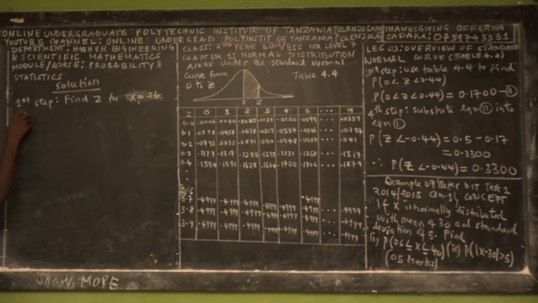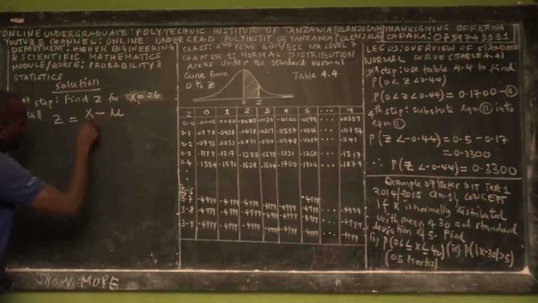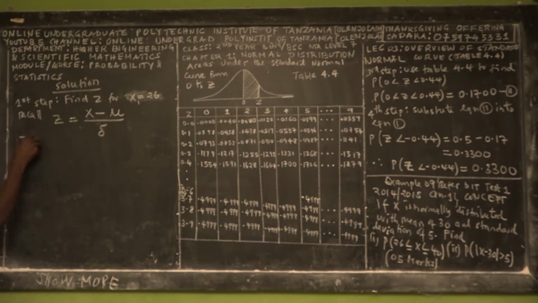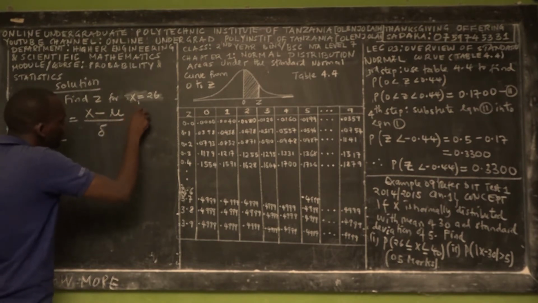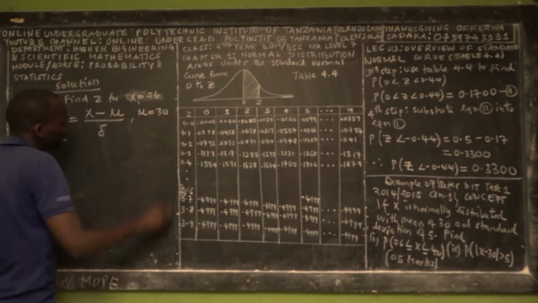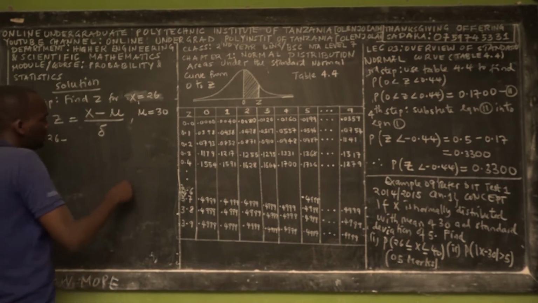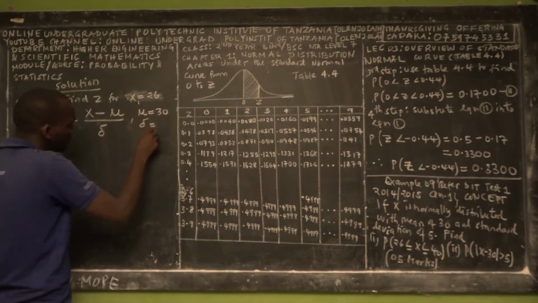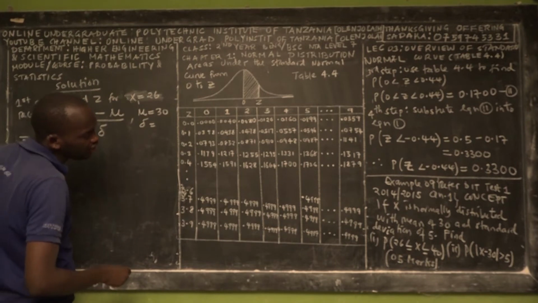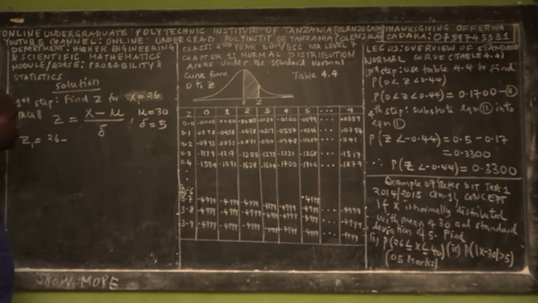You have to recall the formula to find the standardized normal value: Z is equal to the statistical value x minus the mean, over the standard deviation. So this will be Z1, corresponding to x1, which is equal to 26. So 26 minus the mean of the distribution, which is given as 30, and the standard deviation, sigma, which is a Greek letter, is equal to 5.